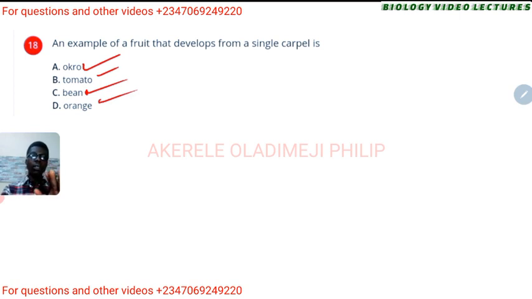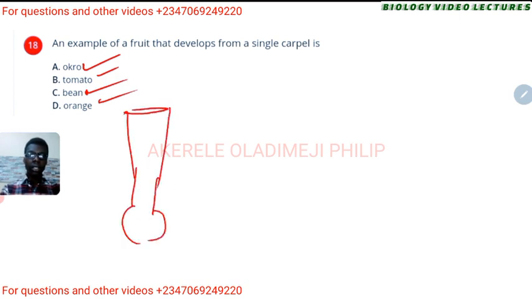Now, a single carpel means you have something like this: the stigma, style, and ovary. This is called a monocarpous pistil.